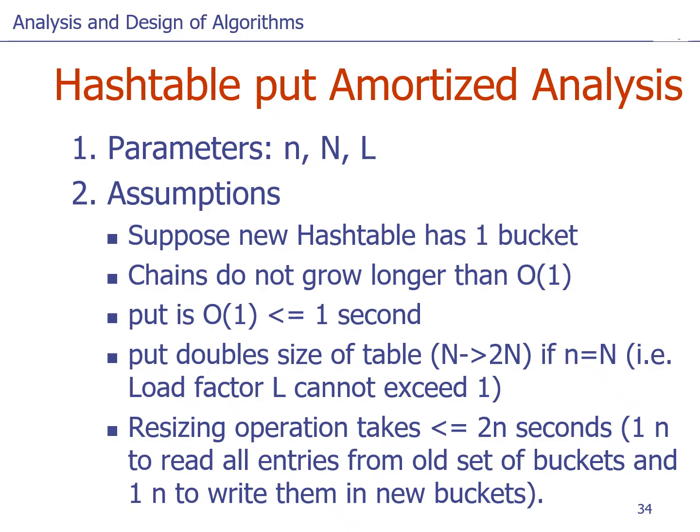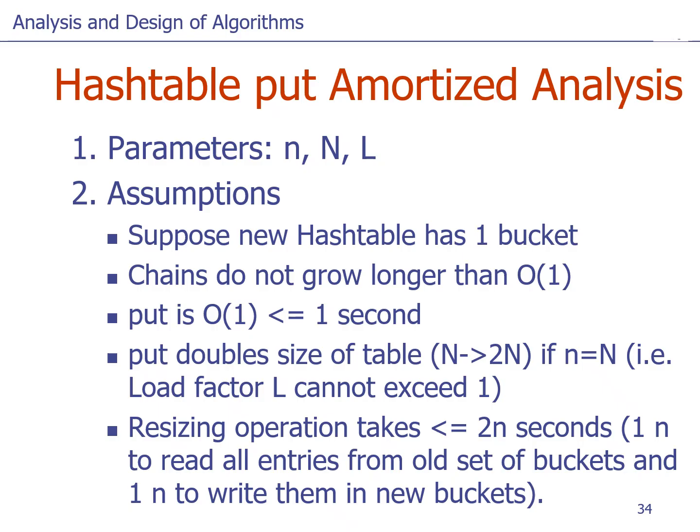Now, for real, of course, if you analyze a hash table's behavior, the chains will grow longer than 1. But this assumption is not an oversimplification, because whatever we find, we could scale it up by a constant to compensate for the chains growing longer than 1. That's if we can prove that it is actually O of 1 amortized.